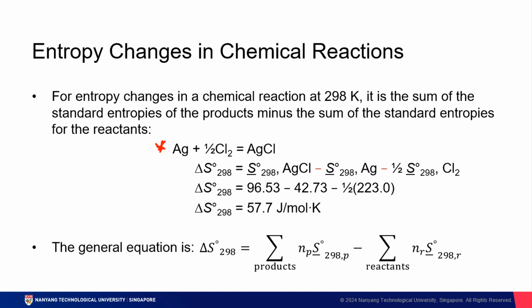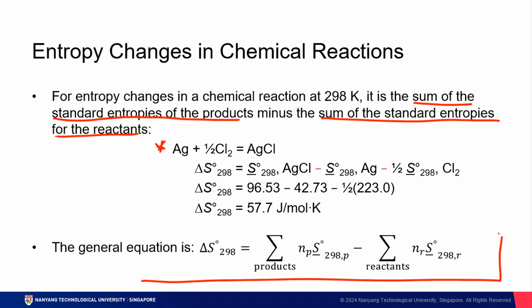So the general way to calculate entropy is the same as calculating enthalpy. You take the sum of the standard entropies of the products minus the sum of the standard entropies of the reactants. And this is the general heuristic.